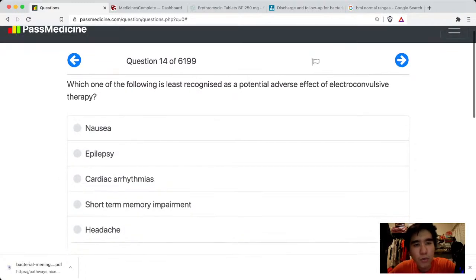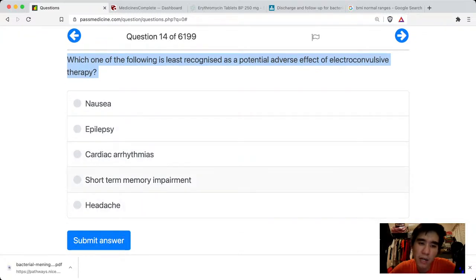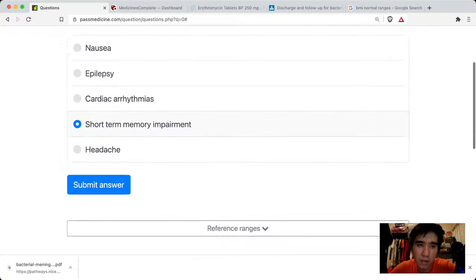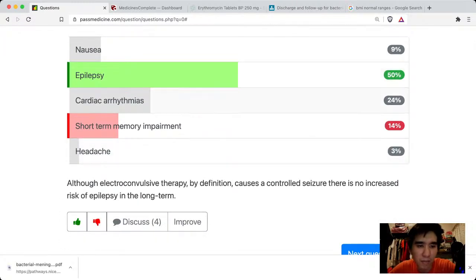Next question. Which one of the following is least recognized as a potential adverse effect of electroconvulsive therapy? Least recognized? How do I know which one is least recognized? Nausea. Short-term memory. I know this is a side effect, but is it least recognized? Epilepsy is the least recognized one.